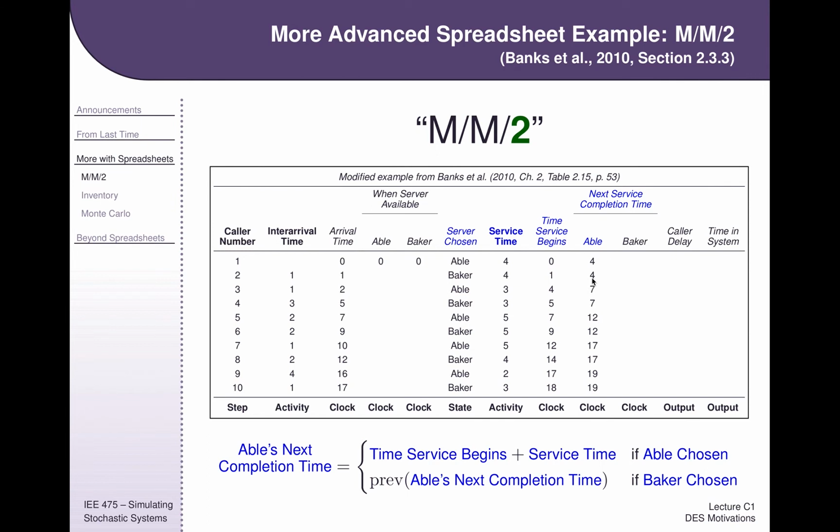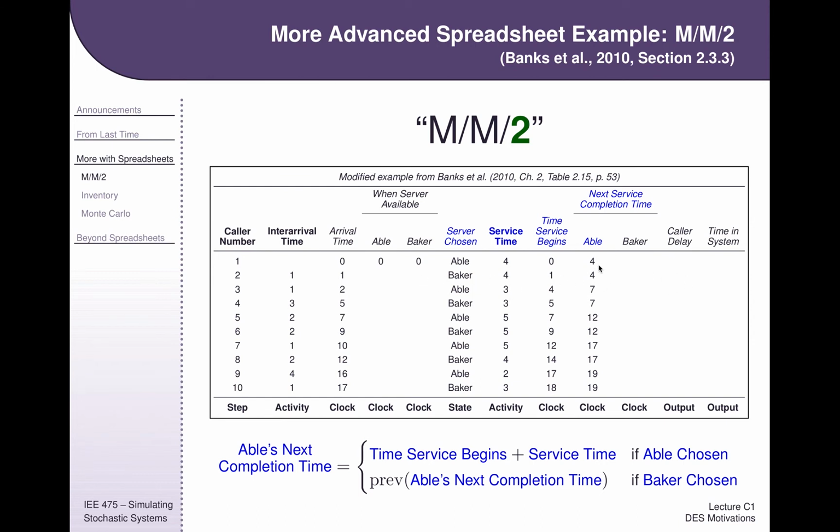So when Baker is chosen, then for Able's completion time, we just copy the completion time down, because it's not really valid for this calculation, because this whole row is all about Baker.